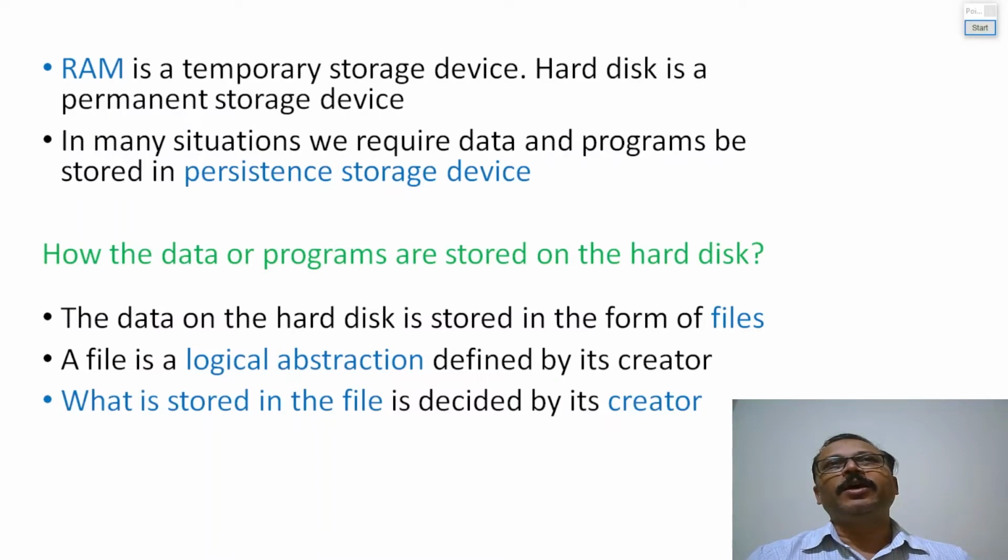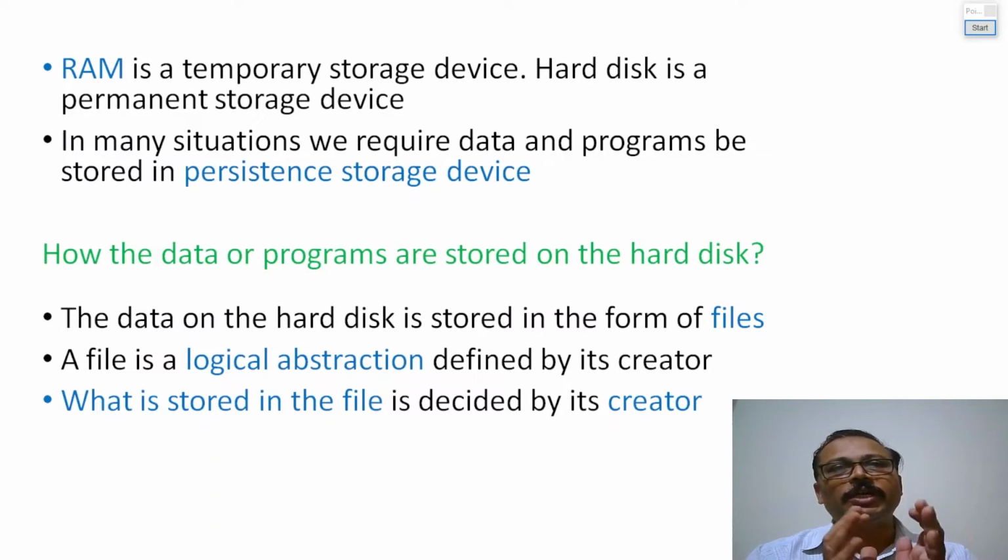Now, how are the data or programs stored on the hard disk? We require permanent storage. We want to store something permanently, but how is it possible? In what form are they stored? They are stored in the form of files.